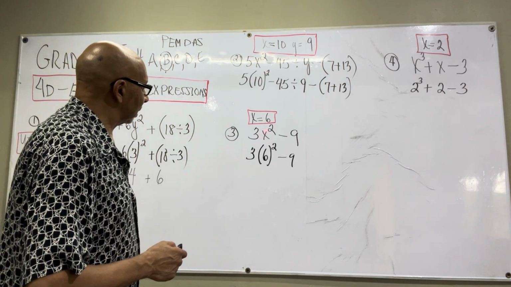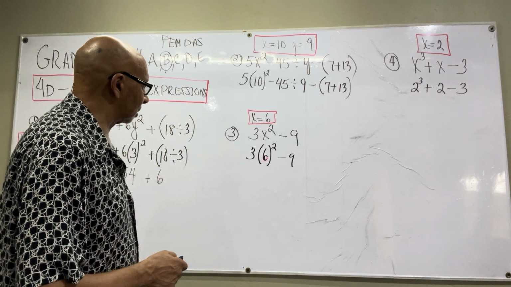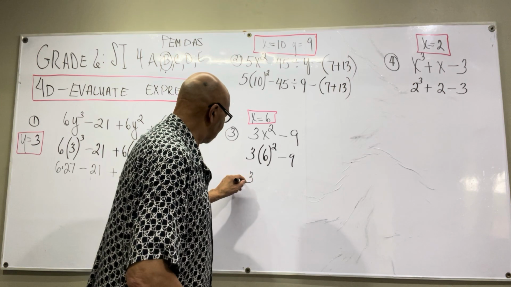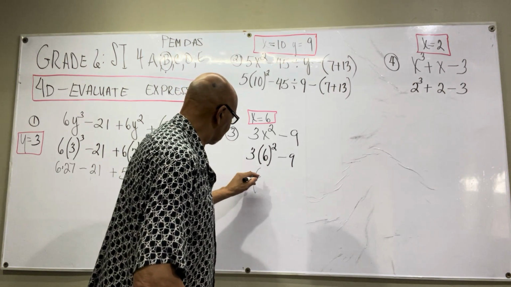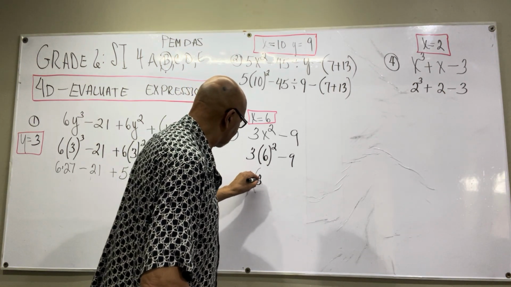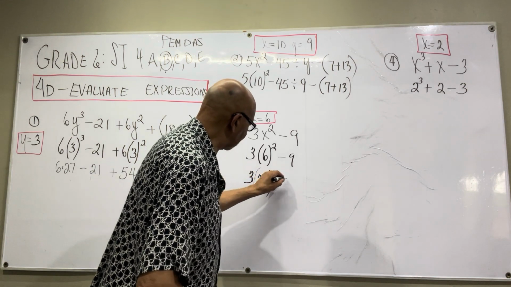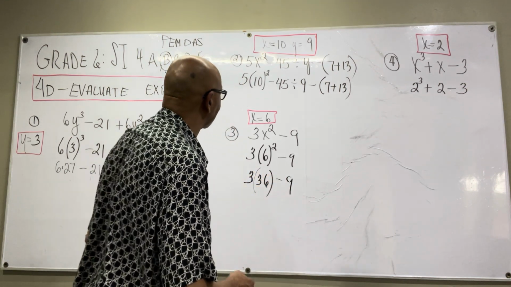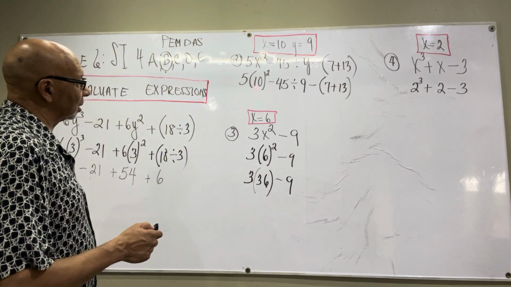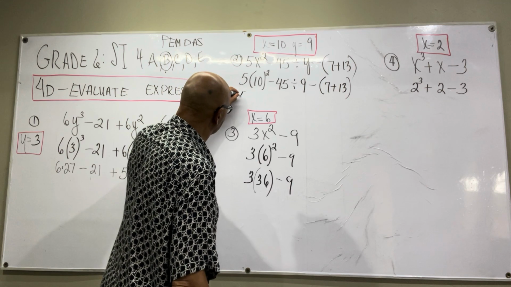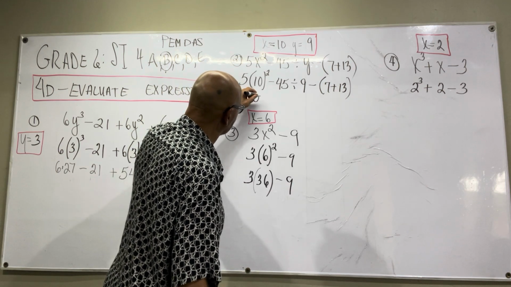Here I've substituted. So 6 squared is 36 times 3, take away 9. So 10 squared is 100 times 5 will be 500. I can do that easily.